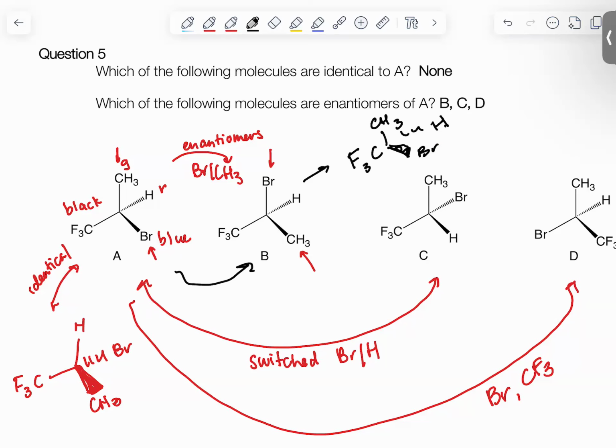Wait, that's not drawn right. Ignore that. It's like, if you take the mirror image of something, you have enantiomers. If you take the mirror image of the mirror image, you end up back at the beginning.